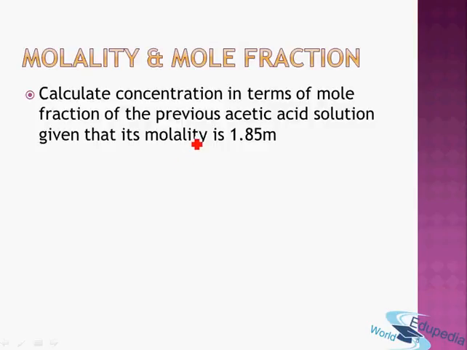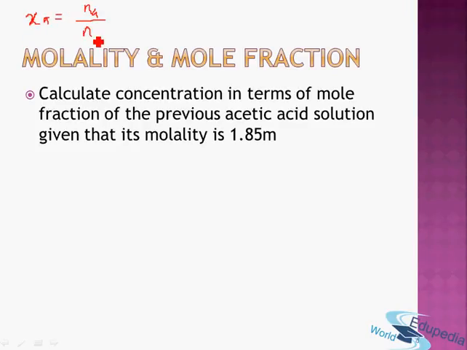We have to calculate the concentration in terms of mole fraction of the previous acetic acid solution. So we have the same solution, given that its molality is 1.85 molal. So we have molality and we have to calculate mole fraction. To calculate mole fraction, we know that mole fraction XA is nothing but moles of solute divided by total moles.